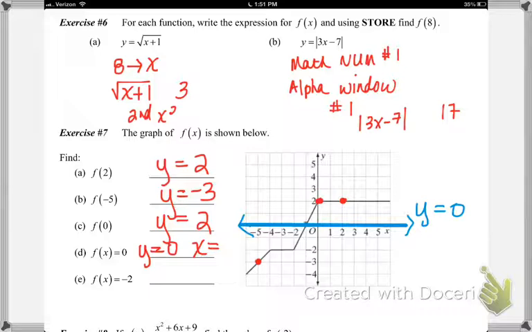And it intersects the graph at x equals negative 1. F of x is equal to negative 2. So where y is equal to negative 2, again, let's go to our graph. And there is y equals negative 2.